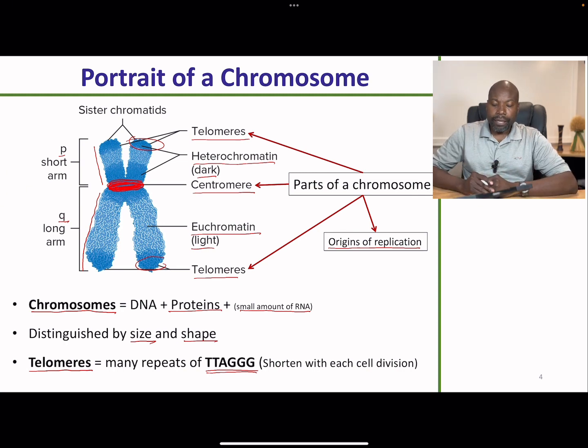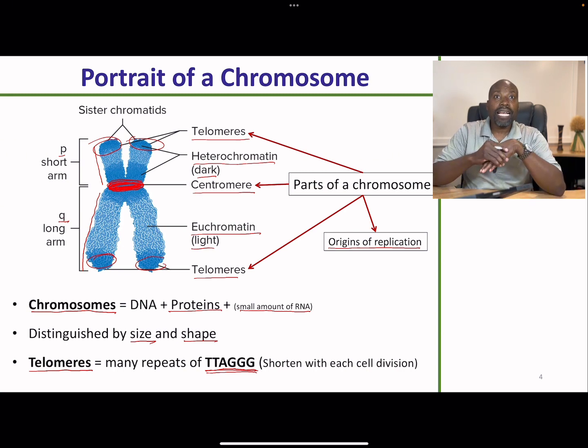I was saying that telomeres are found at the extremity of chromosomes. These telomeres are repeat sequences of DNA, specifically TTAGGG repeated several times. During the cell cycle, these telomeres are going to shorten, right?